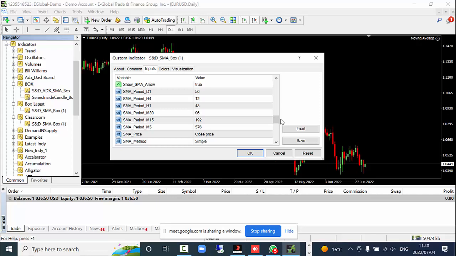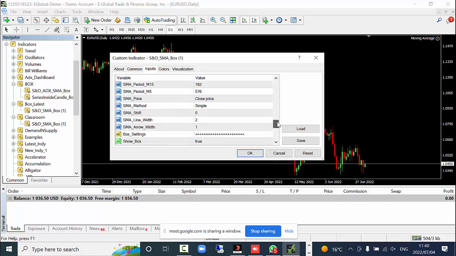The experience should be easy for you. Then 15 minutes is 192, 5 minutes is 576. And we are using simple moving average of the price when the price is closed. The method is simple moving average, because I must tell you what you are using so that you don't just use things you don't understand.